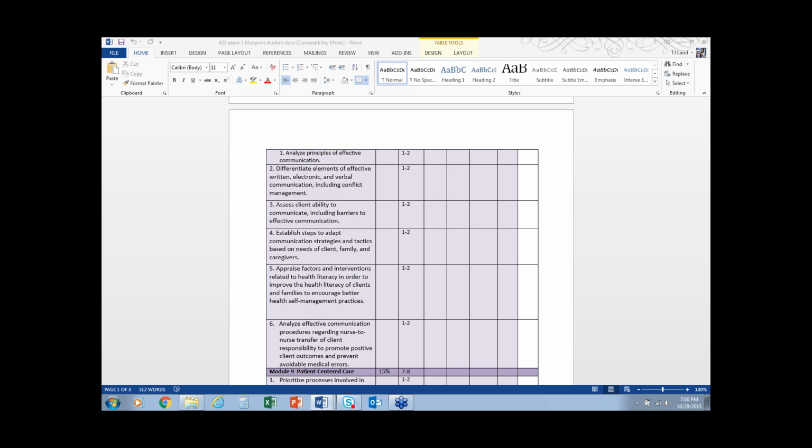Number 5 says we need to be able to appraise factors and interventions related to health literacy in order to improve the health literacy of clients and families and encourage better health self-management practices. Well, this is where we actually are moving towards preventative health care rather than reactive health care.